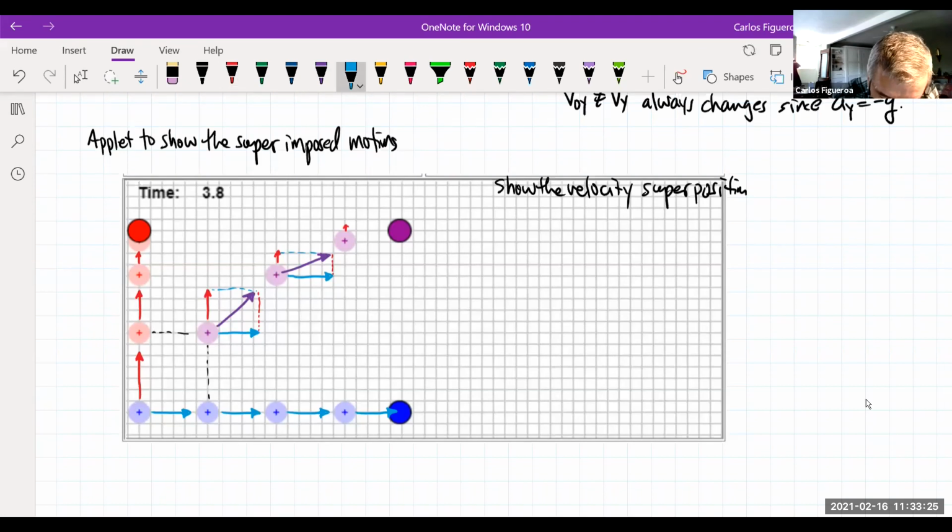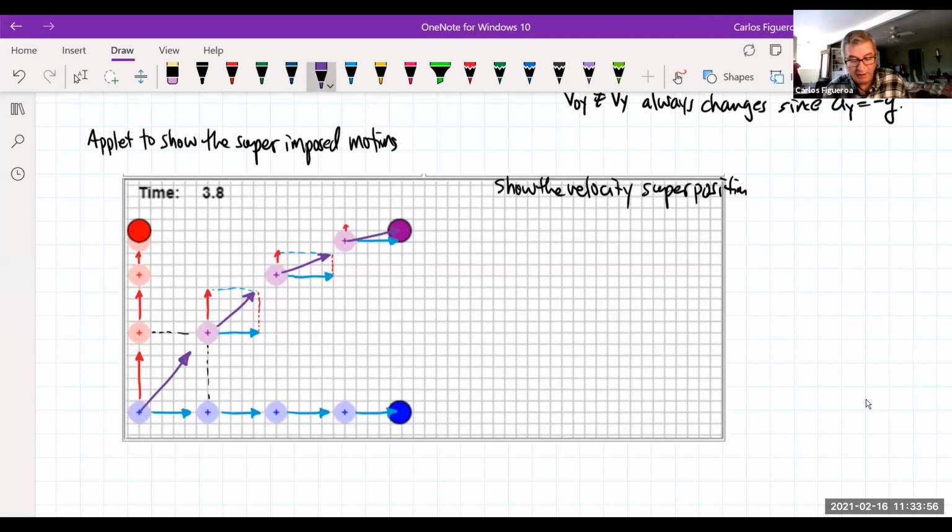And the blue, since it's not changing length, I think that's a little bit too long. When I get up to the very top, my horizontal vector is getting really flat like that. So you can see how the velocity vector is changing as I go up.